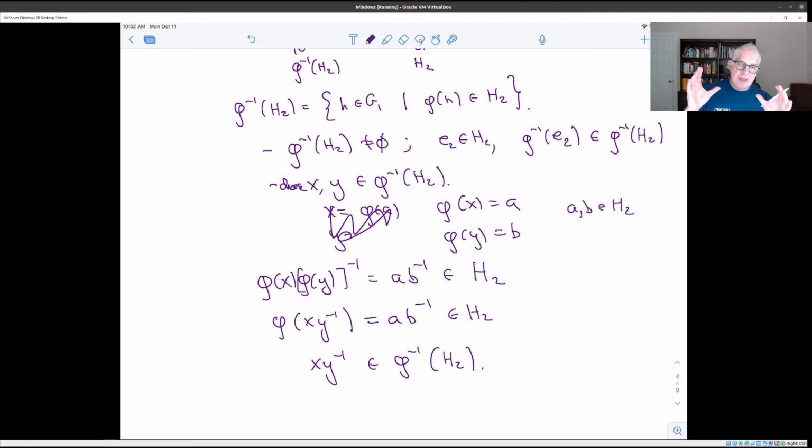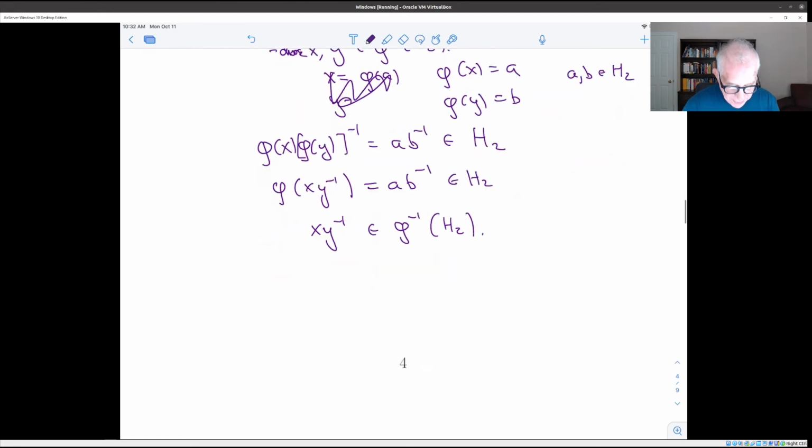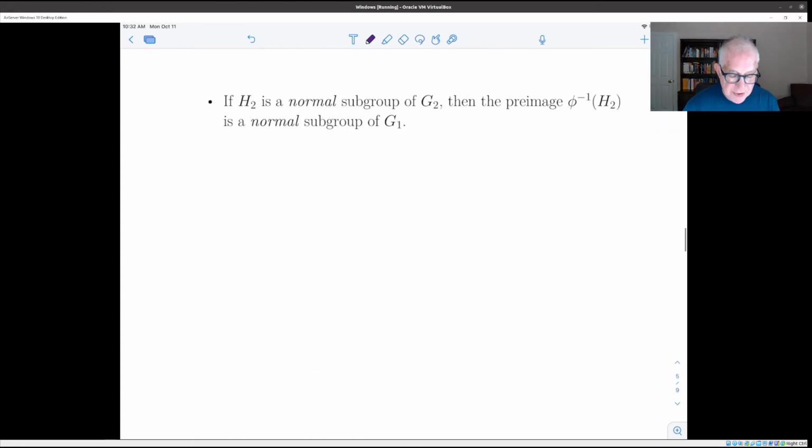So both the image of a subgroup under a homomorphism is a subgroup, and the pre-image of a subgroup under a homomorphism is a subgroup. And the last point, which will be very important for our applications, is to notice that if you have a normal subgroup, then the pre-image is also normal.